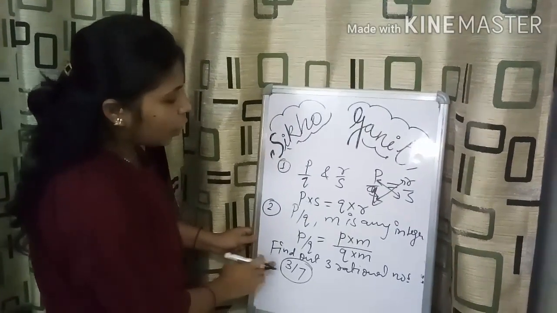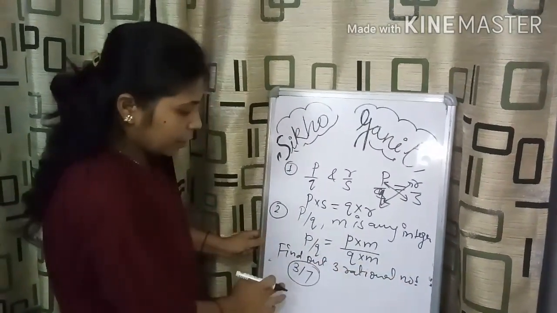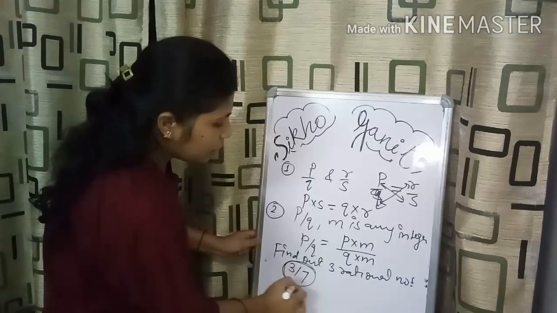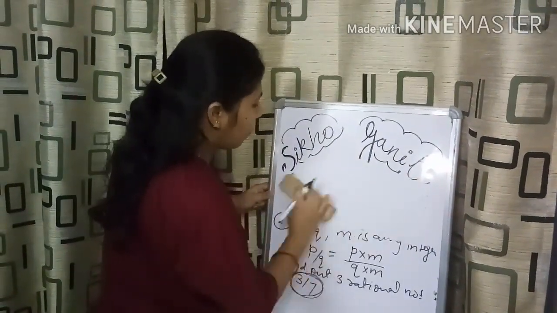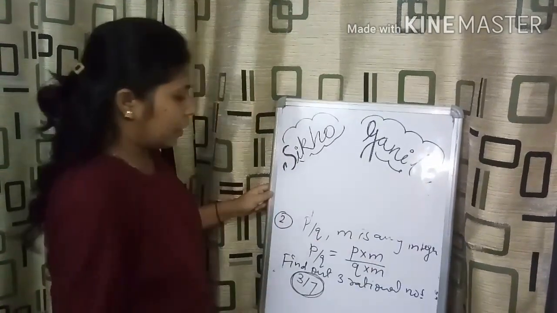Means we need to find out 3 rational numbers which are equivalent to 3 upon 7. So how can we find it out? We can use the second property of rational numbers and find it out.